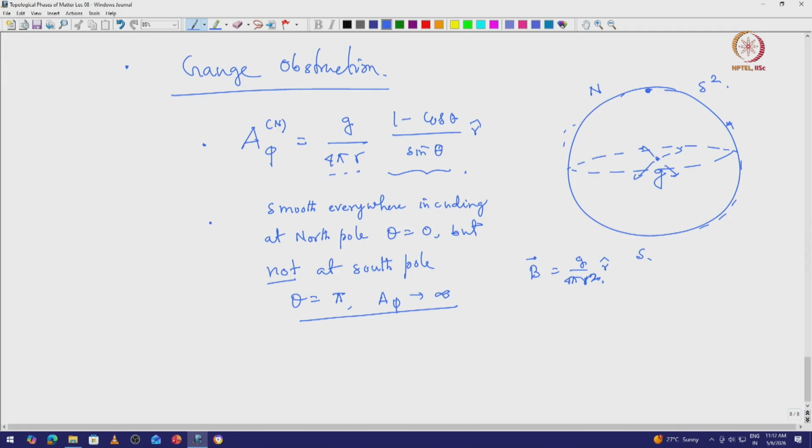So you do not actually have a single gauge that is smooth everywhere.